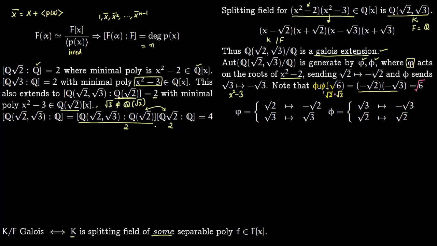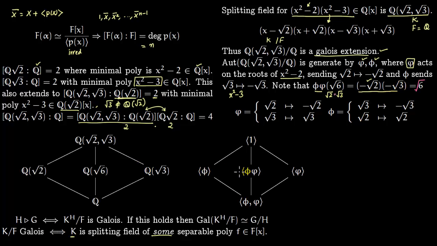So when it is acting on this product, first varphi will just keep square root of 3 constant and give you minus square root of 2. Now second time, phi will act, it will just keep this term constant and convert square root of 3 to minus square root of 3, giving you root 6. So this basically fixes square root of 6. Now let us come to the Galois correspondence between the two diagrams.